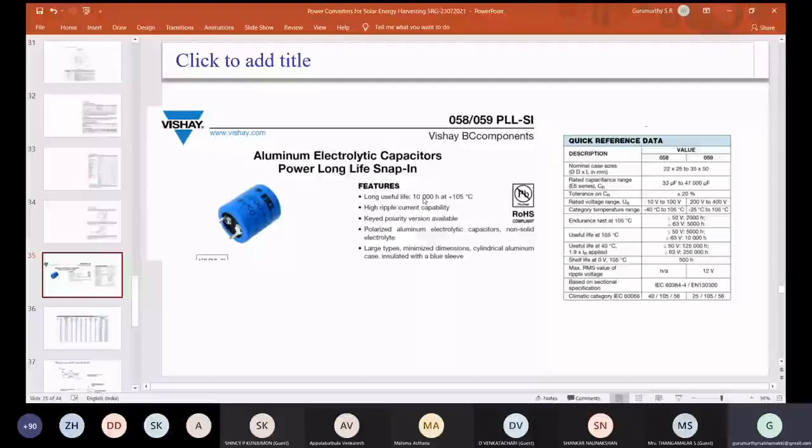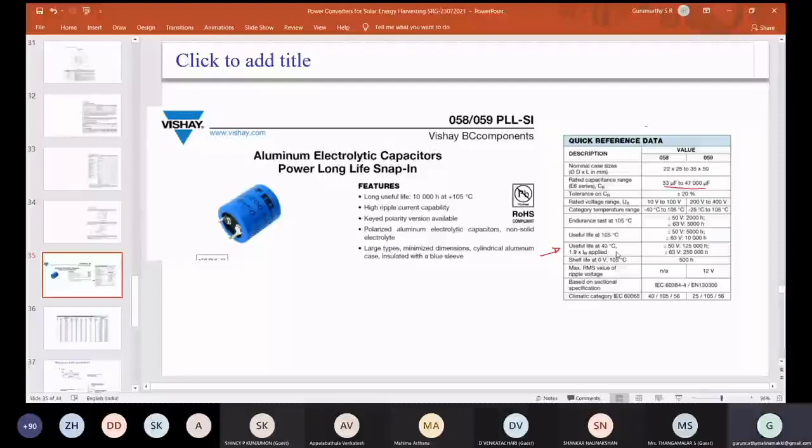If you want to design equipment which has to last for 10 years or 5 years or 15 years, you have to look at these specifications. For example, if you use the capacitor at 40 degree, then the life is 1,25,000 hours. So 1,25,000 hours you can continuously operate. This is the meaning. So this divided by 24 hours into 365 days.